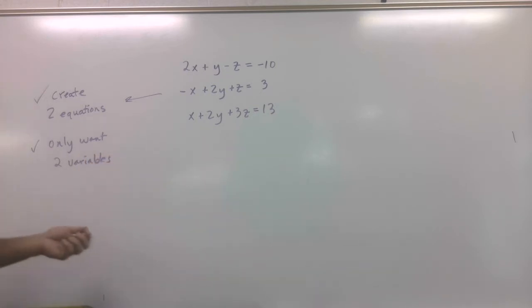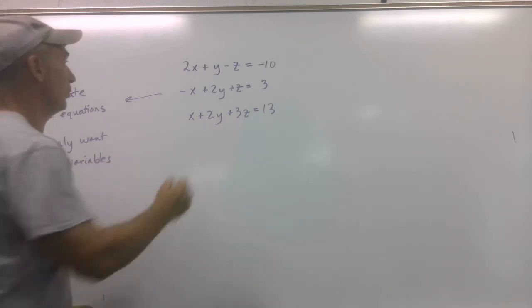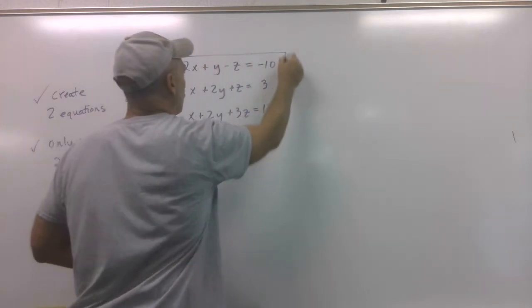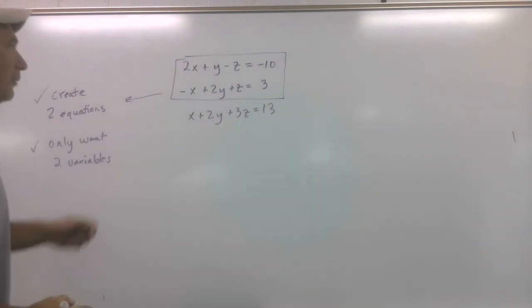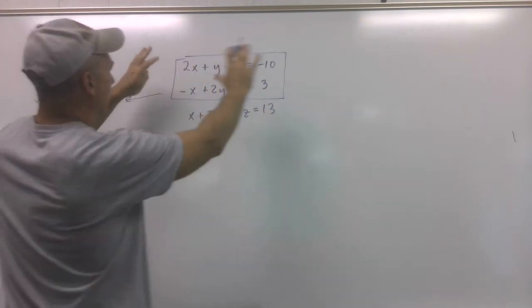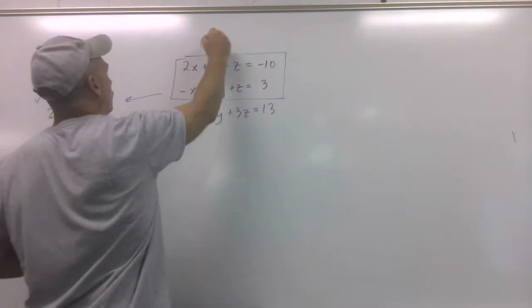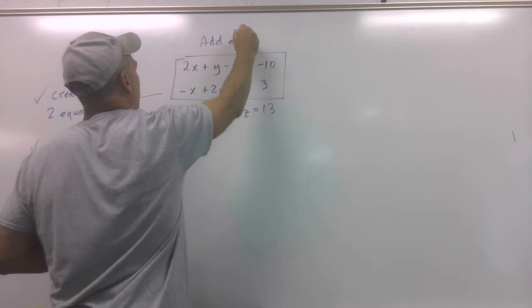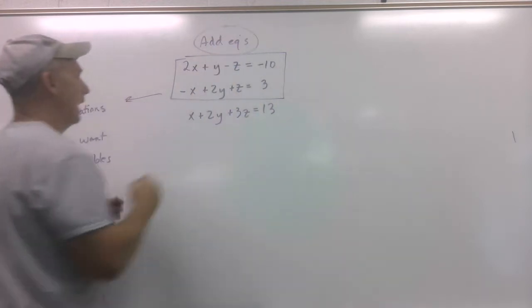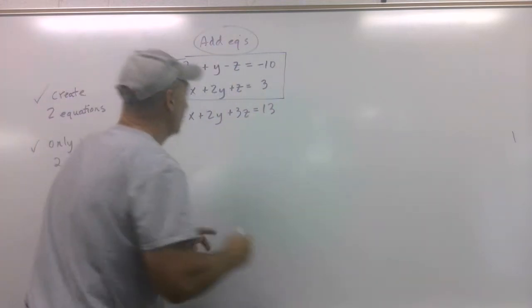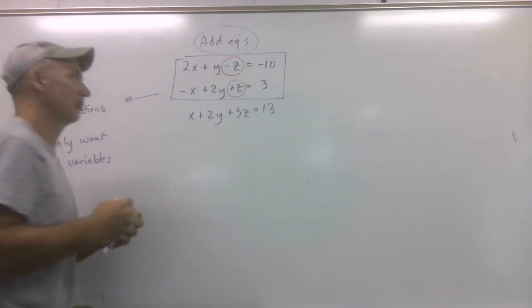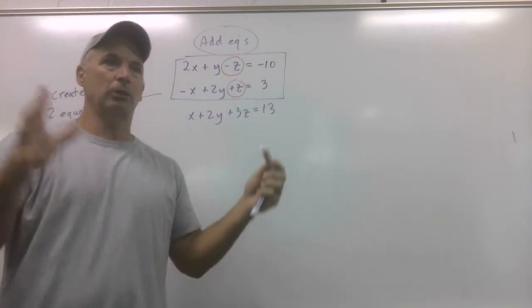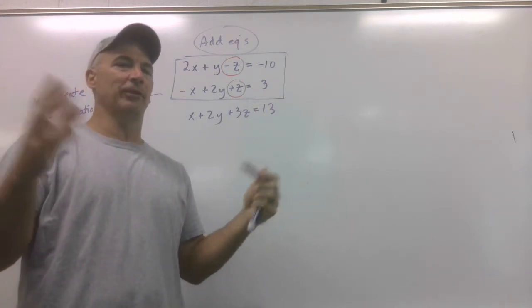Now, how are you going to do that? Well, I'm going to have you guys look at these 2 right here, okay? Remember, it's okay to add equations. And why am I talking about that? Because this negative z and this positive z are just begging you to look at me, we're opposites.